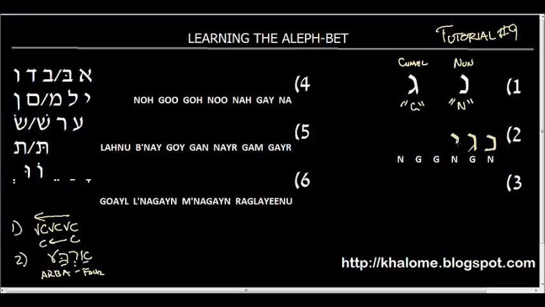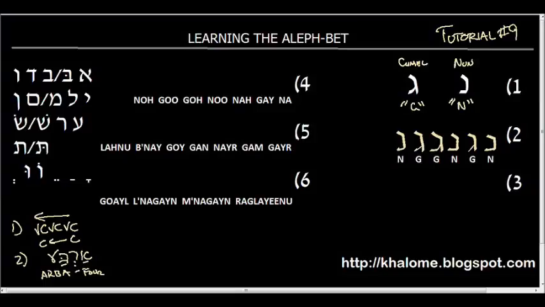Practice that until you can distinguish between the two. There's the Nun again. Do the Gimel once more. You might sometimes see the Gimel like that, but for now, just bringing it straight down like that will work. And then one last Nun, and then we'll go on over to the handwriting script.